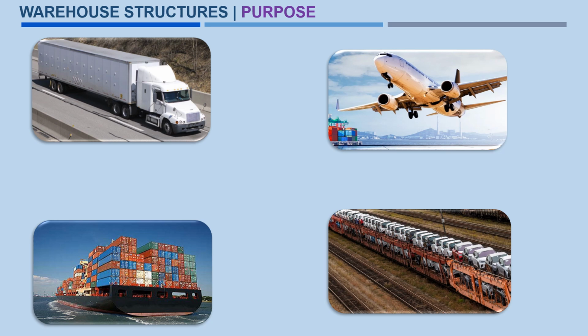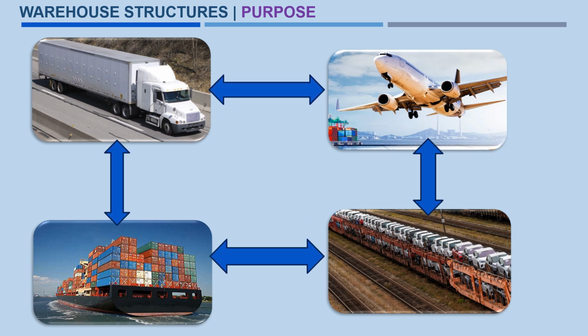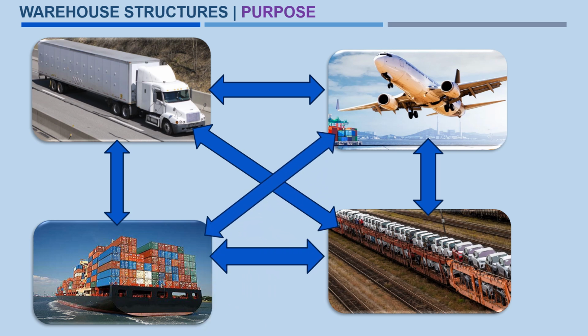To connect these mode changes we need a warehouse, because goods are transported from one mode to another, for example road to airways, road to waterways, waterways to railways, or railways to airways. Sometimes multiple mode changes are required.